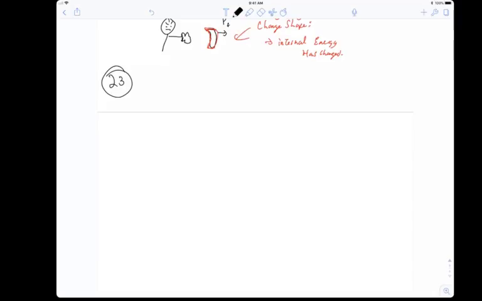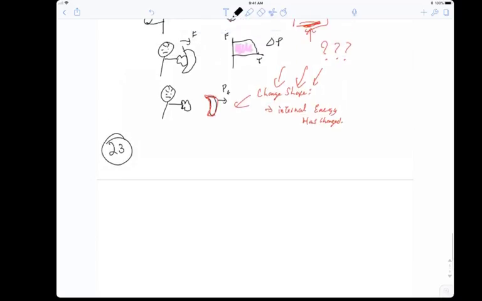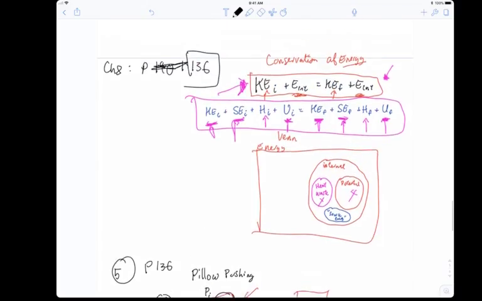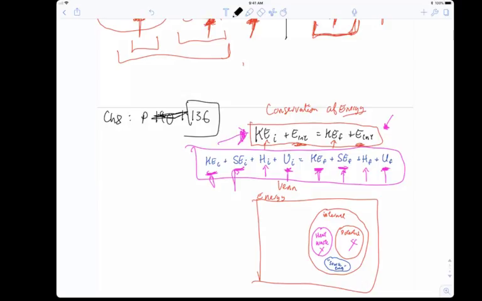Okay. I just got another question. For the energy things, E internal is just the change in kinetic energy. Kind of. They're kind of different.